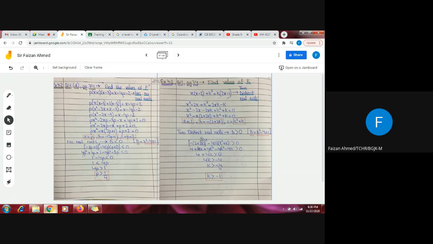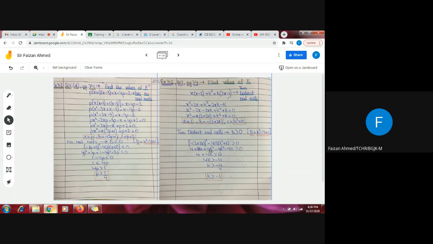This negative square will be positive, and again I will open this with the identity: a square, 2 square will be 4, plus twice the product will be 4k, and twice will be 8k, plus square of the last term will be 4k square. This minus 4 when multiplied with 1 is minus 4, and then k square, minus 4k square. This minus 4 will multiply with k to give me minus 4k.